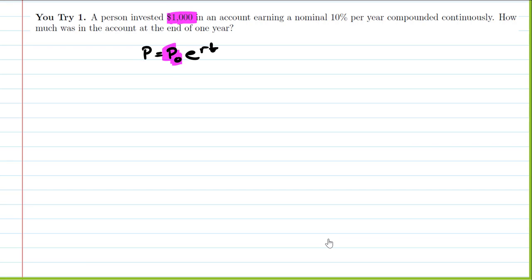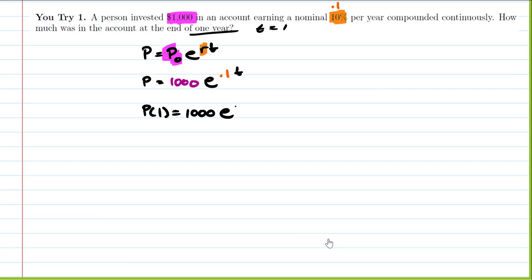Our interest rate is going to be 10%, but as a decimal, it's going to be 0.1. And our time, this time, is going to be 1 year, so t equals 1. So we get P is equal to 1,000 times e raised to the 0.1 times t. And then P of 1 is going to be 1,000 times e raised to the 0.1.